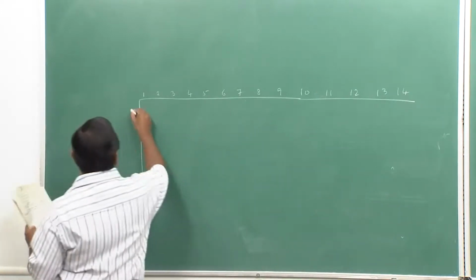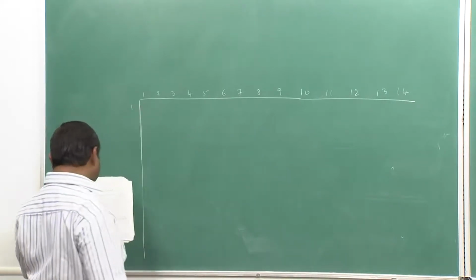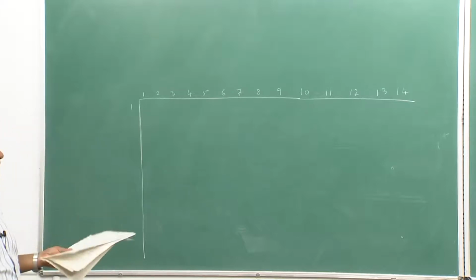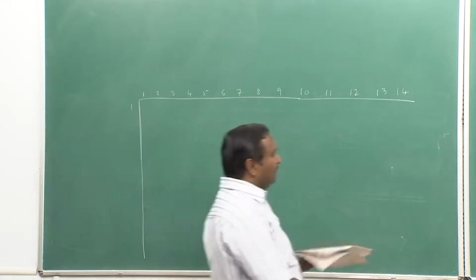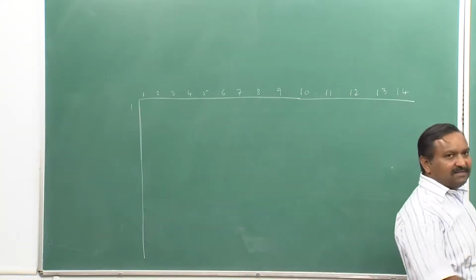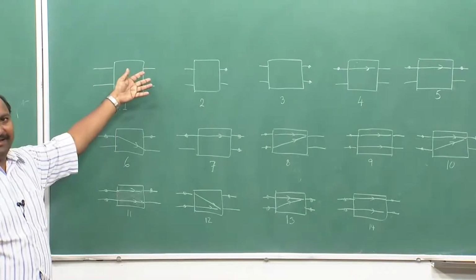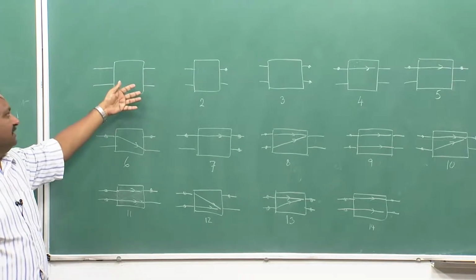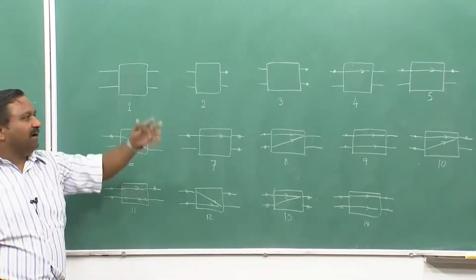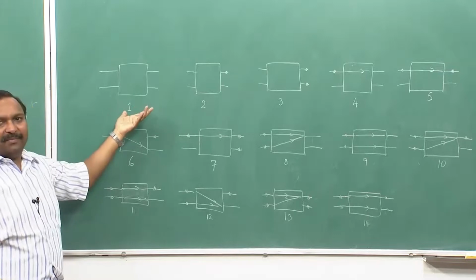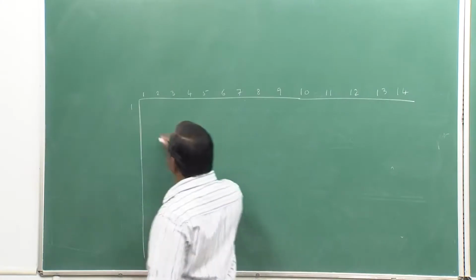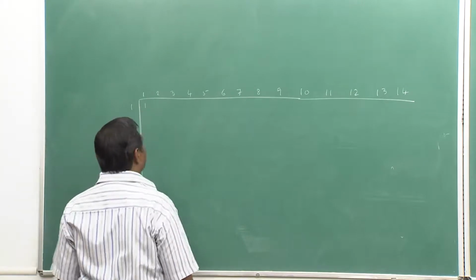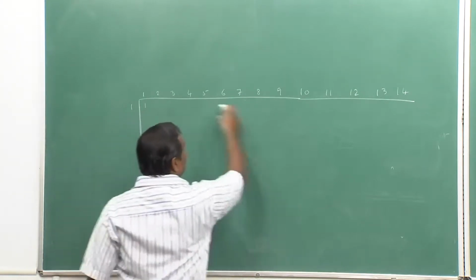So if you are in state 1, what will be your next state after step 1? Look into state 1. After step 1, there is no departure thing here. Step 1 is when the packet will be departing. So you will still remain in state 1 if you are currently in state 1. So with probability 1, you will remain in state 1. So the rest of the elements will become 0.